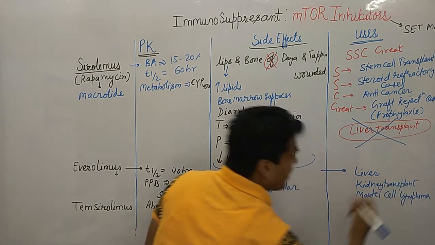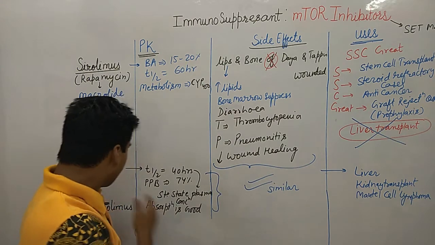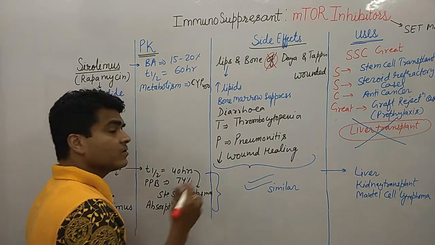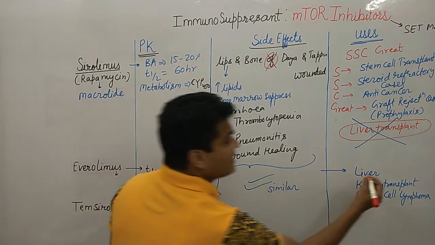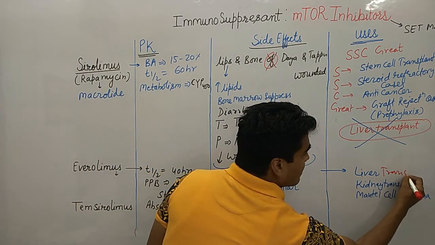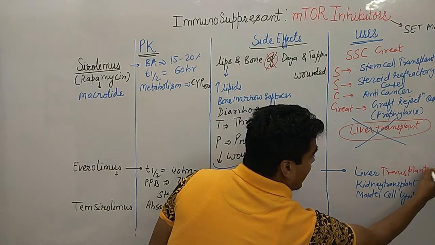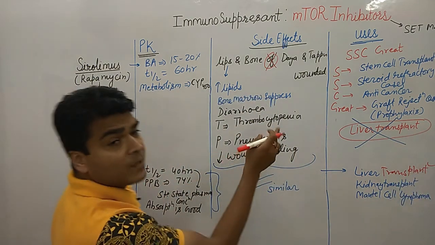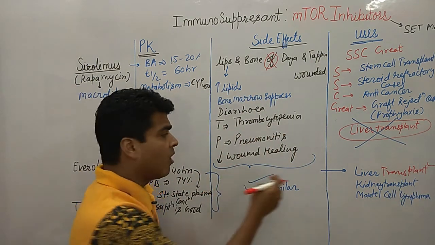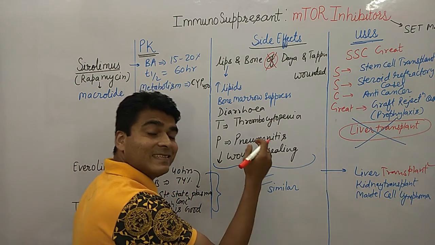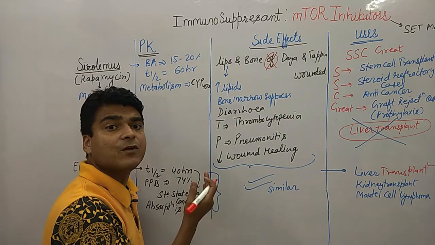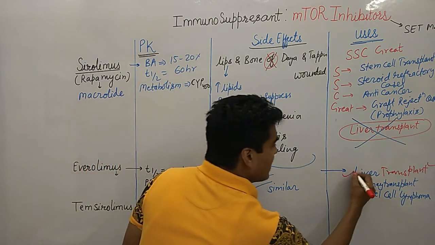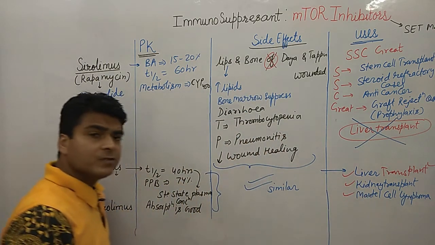So these are the uses of everolimus. Just remember that we are using everolimus in liver transplantation, and sirolimus is not useful for liver transplantation. So that is the difference between everolimus and sirolimus.